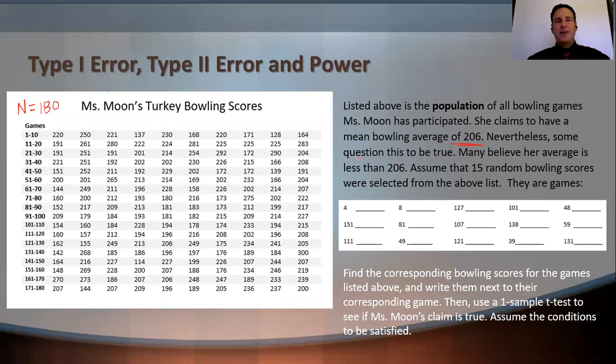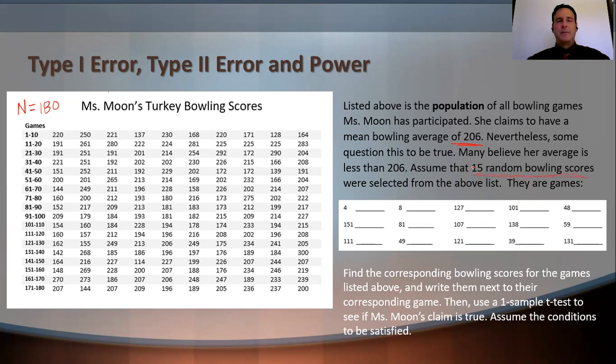Now I could, if I wanted, take all 180 members of her population, put them in my L1, do a 1-var stat, and see if it's actually 206. However, I don't want to do that. I just feel it's too many. What we decided to do instead was just choose 15 random bowling scores.